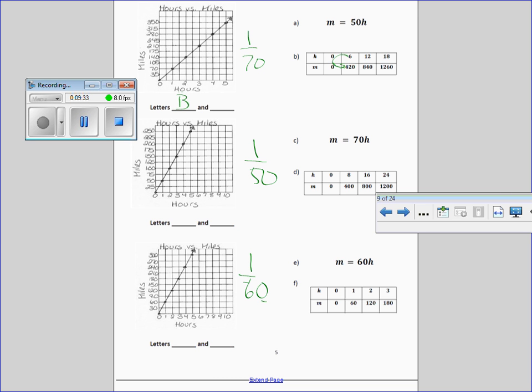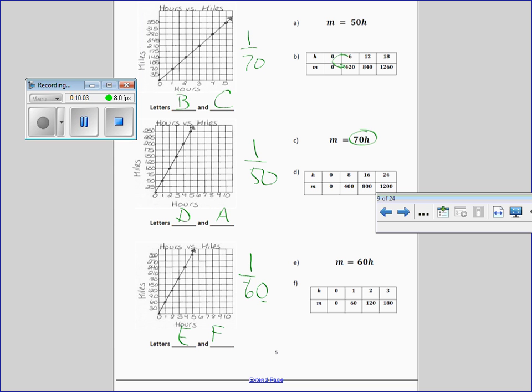What equation does it match up with? C. Yep. Once you find that value, the equation's easy because you just got to find the number that matches up. All right, what about coordinate plane number 2? Max. D and A. And the last one should be E and F, right?